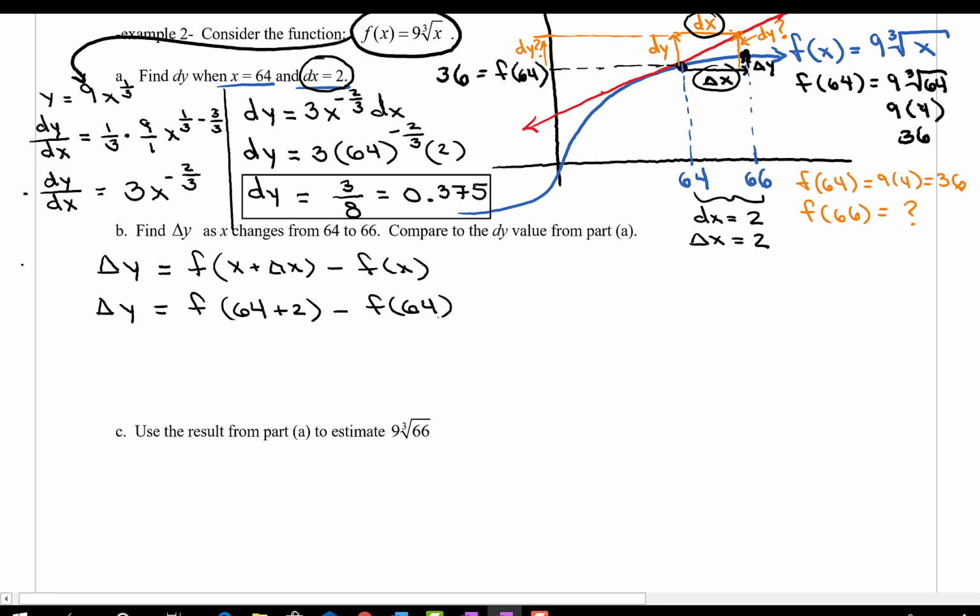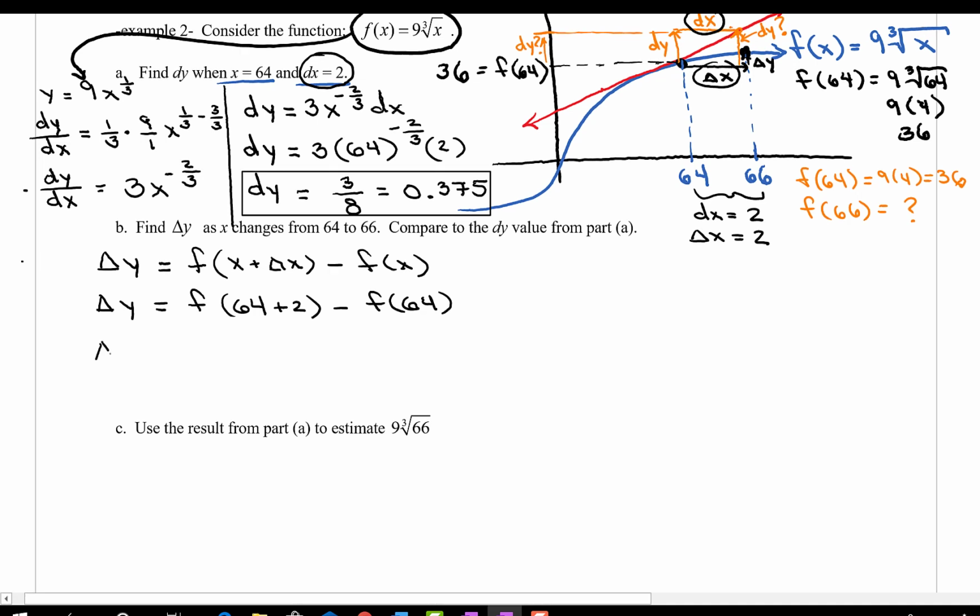So delta y is going to be equal to f of 66. You know what, let me rewrite this, I like to show every little step. F of 66 minus f of 64. And now we'll do the actual substitution into the function.